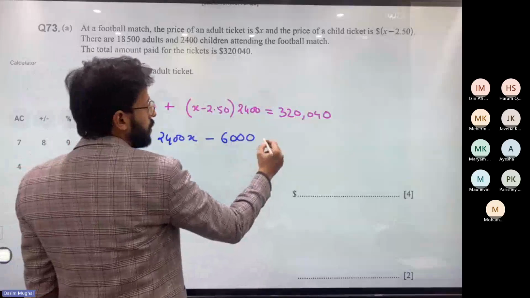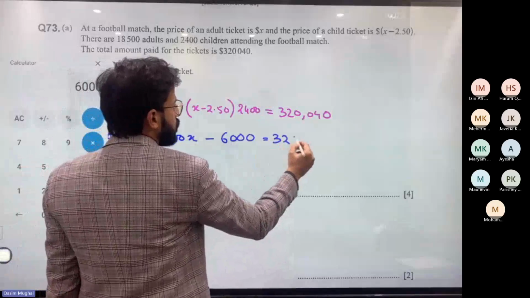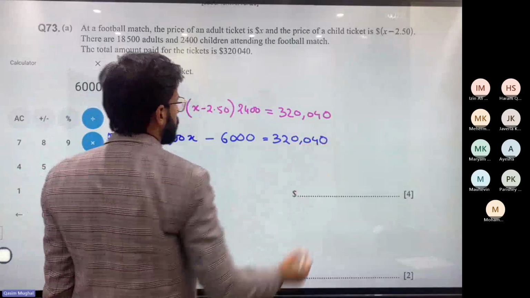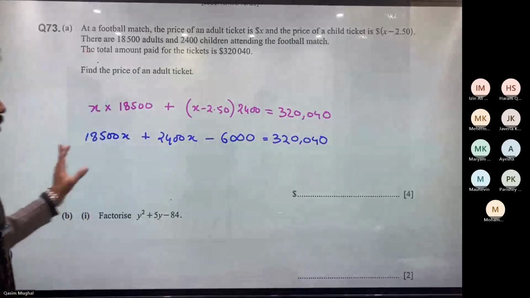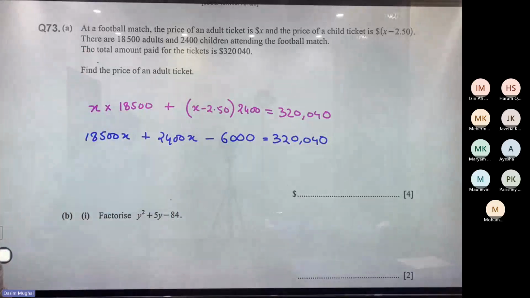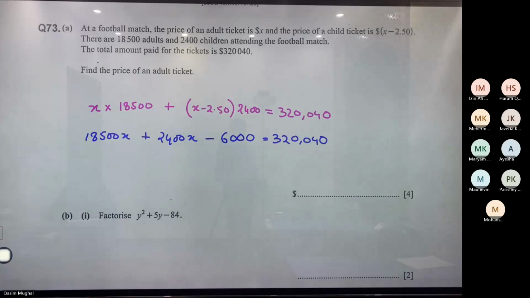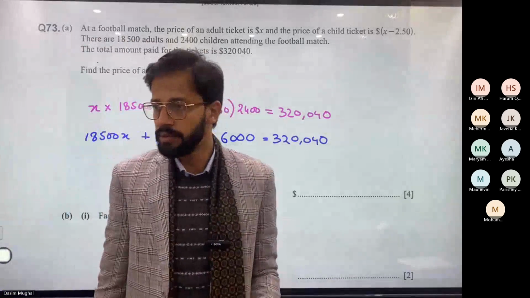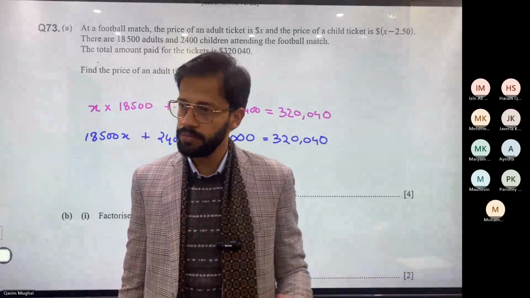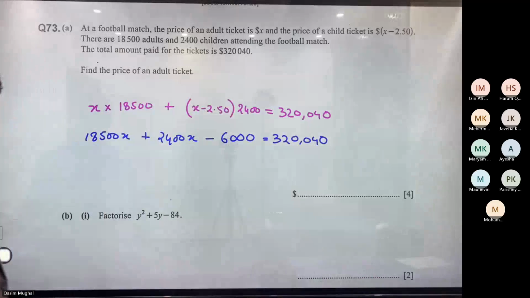Negative 6,000 equals 320,040. What type of equation is it? Linear. How many variables? 1. How would you solve it? Make x the subject. Boom, answer. Easy? चलो.